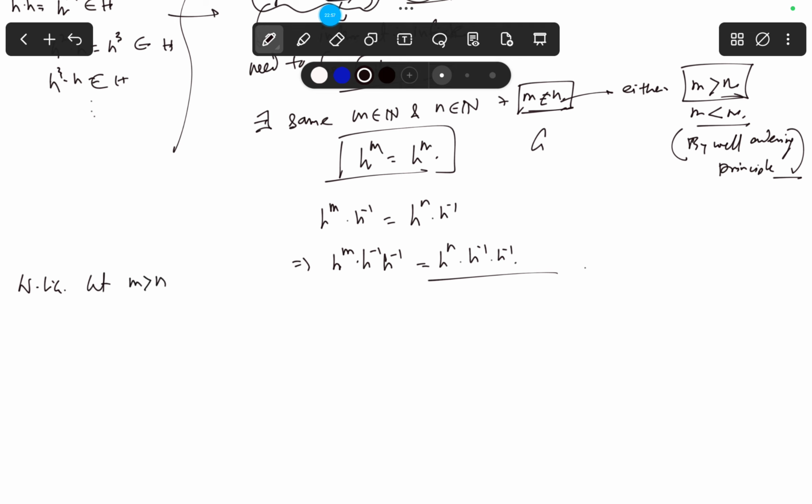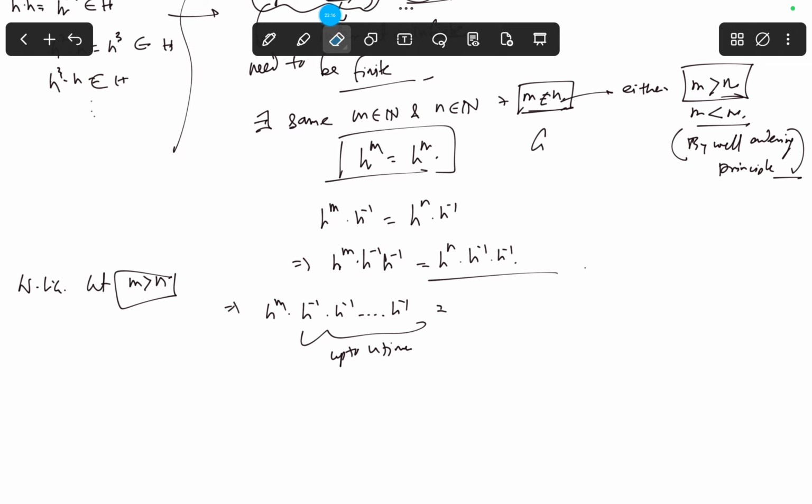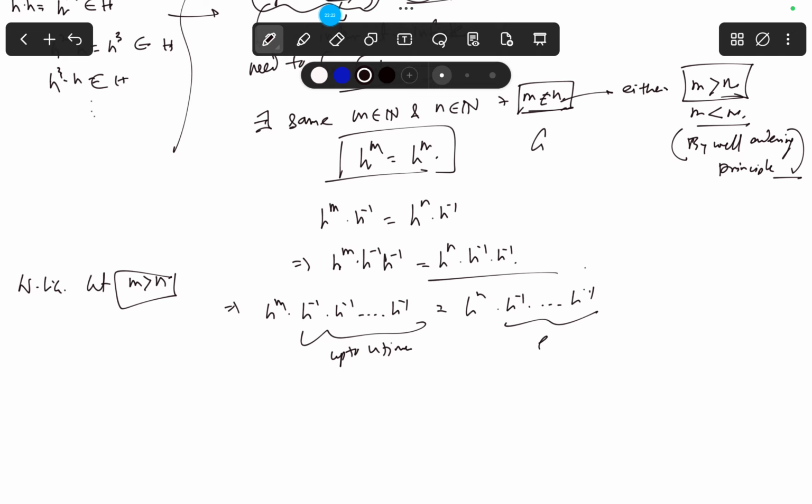Let m be strictly larger than n. Then we can easily say that h power m times h inverse, and so on up to h inverse, multiplied n times, while on the other side we have h power n times h inverse, and so on up to h inverse, n times.